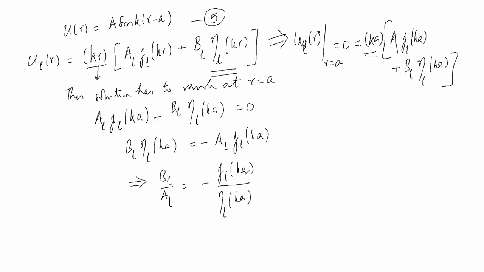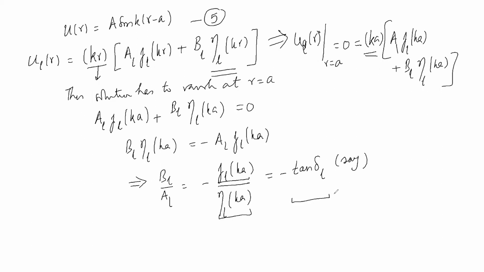And you see, a spherical Bessel function at a fixed value of r will be a constant quantity, and this I am calling by the name, minus sign I am retaining, and j_l(ka) upon eta_l(ka), I am just calling it tan delta_l. Because we'll see that this spherical Bessel function and Neumann function can be written in terms of sine and cosine.